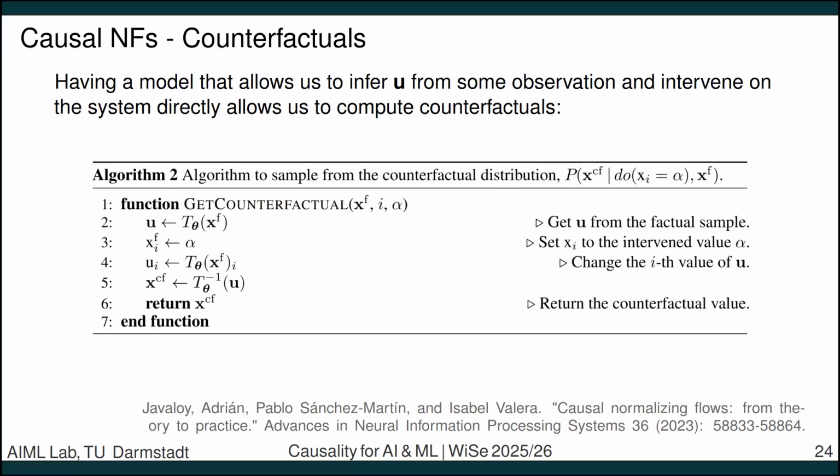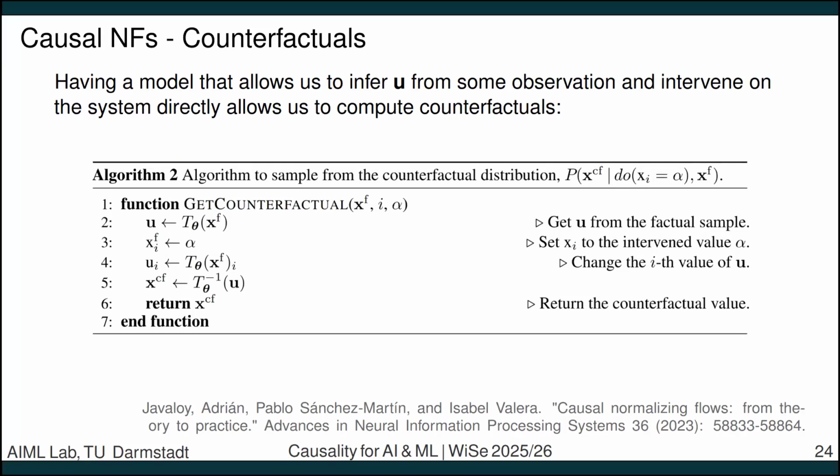And the same can be done for counterfactuals. Once we can compute interventions, we can do the same for counterfactuals. We take an observation, we compute its u's, we intervene, and we do basically the same thing as I told you before.